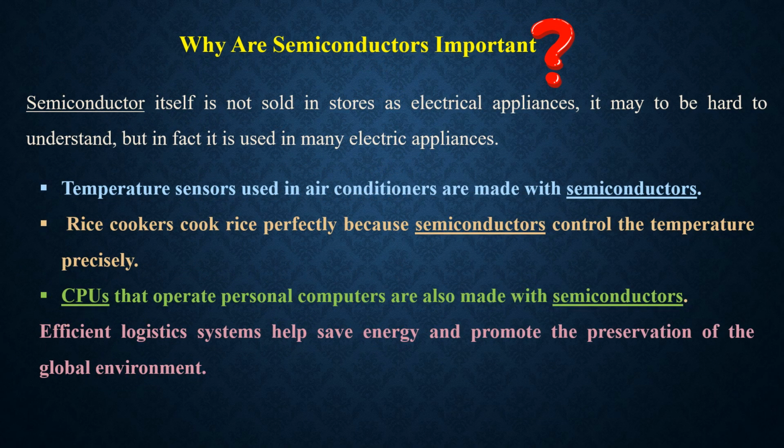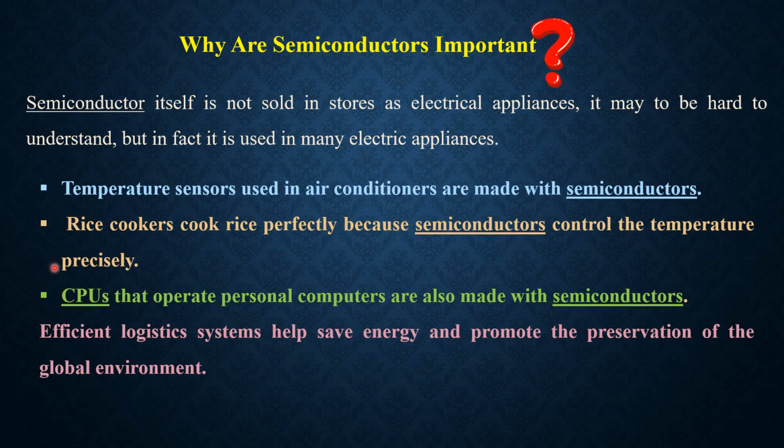Now coming to this point, why are semiconductors important? We cannot buy semiconductors directly from the stores, but semiconductors have various applications in various electrical appliances, and that is very important to understand. For example, temperature sensors used in air conditioners are made with semiconductors.